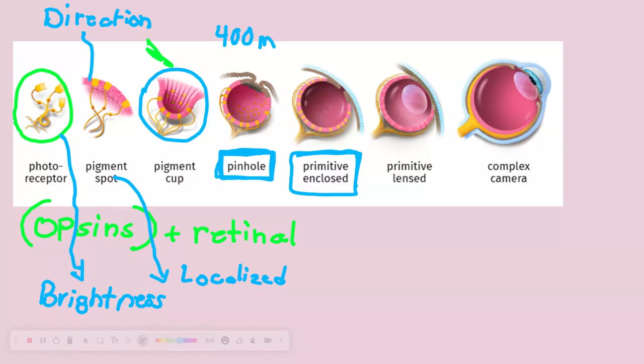Now the cornea, if that was put in, it could actually bend the light and adjust the lens. So now you're seeing some kinds of shapes. So with this primitive enclosure here, you're looking at bending of light, making the image sharper. And it's like an early version of focus.